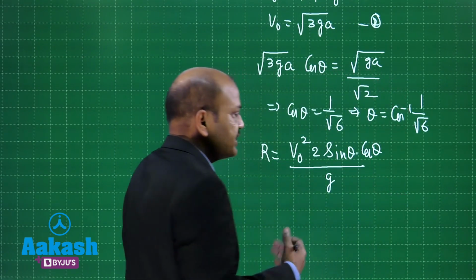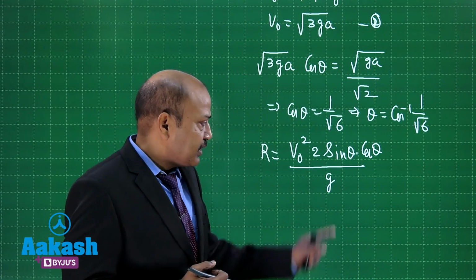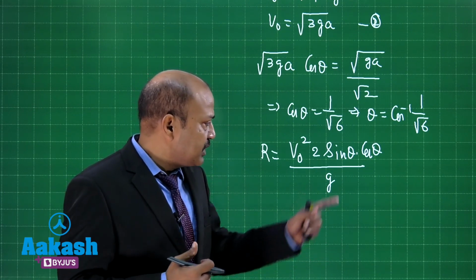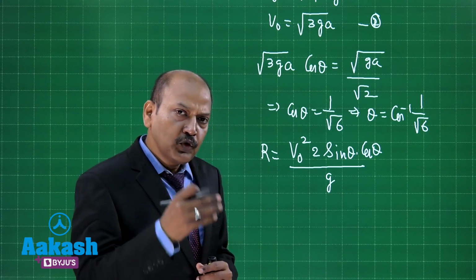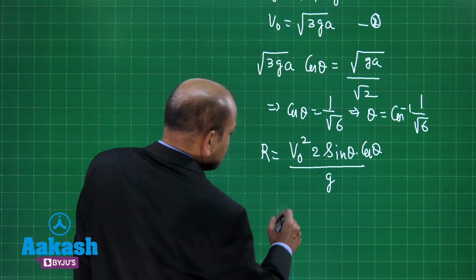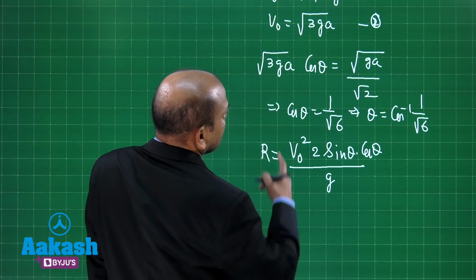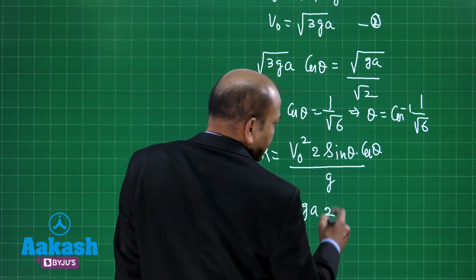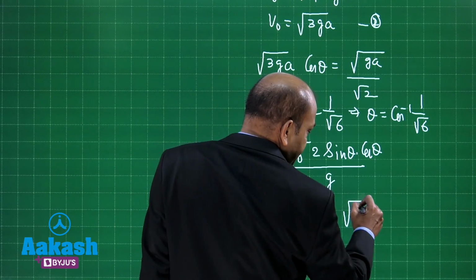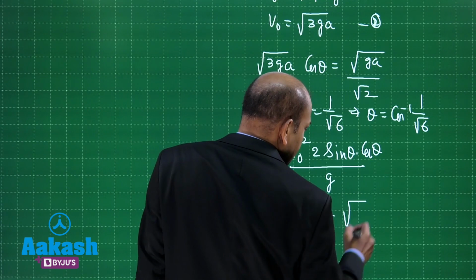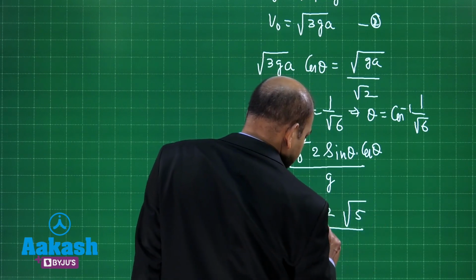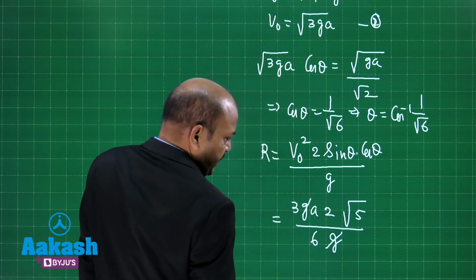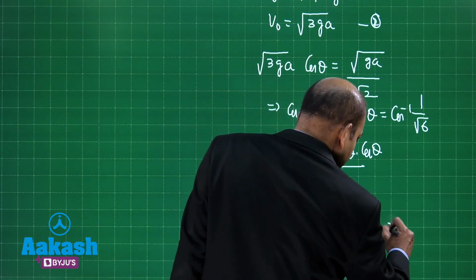Since we already have cos theta as 1 by root 6, the value of sin theta we can put, applying the Pythagoras theorem, as root 5 by root 6. v naught is root 3ga, so this is 3ga into 2, sin theta is root 5 by root 6 and cos theta is 1 by root 6. So we get root 5 by 6, and g is of course there. So g cancels out, and what we get is the range is coming out as a root 5.